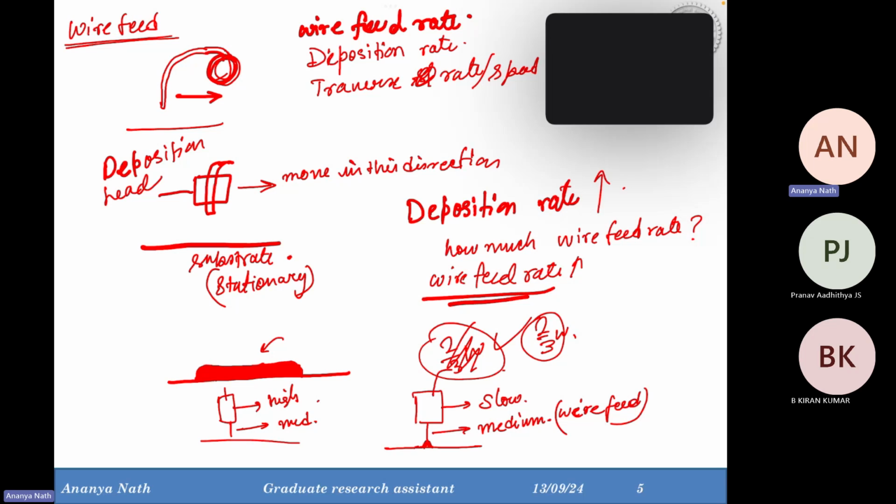But when the deposition rate is low, but wire feed rate is medium, then what will happen? You try to imagine and answer me.